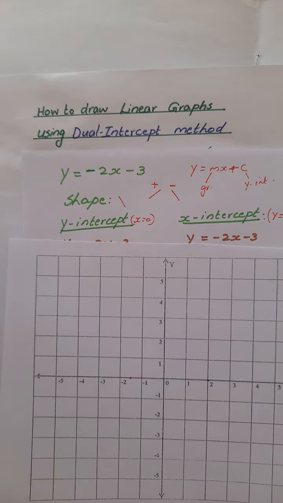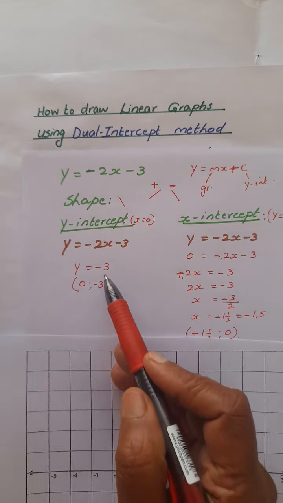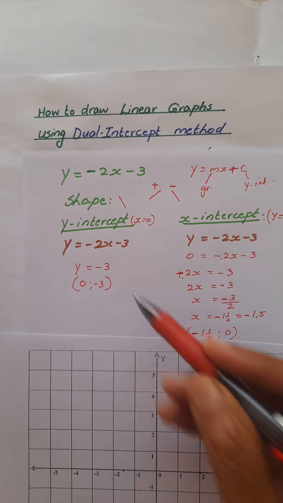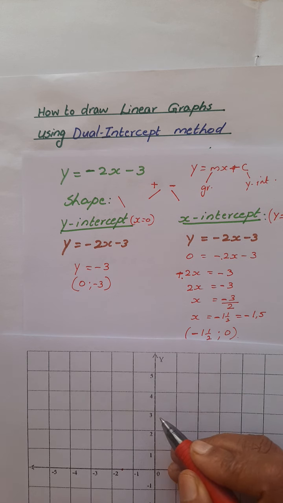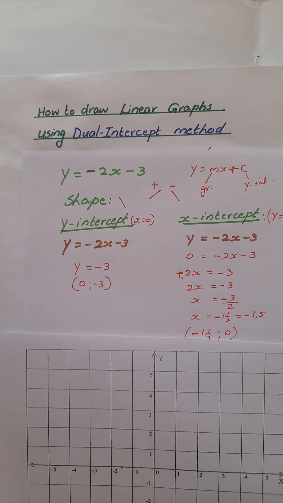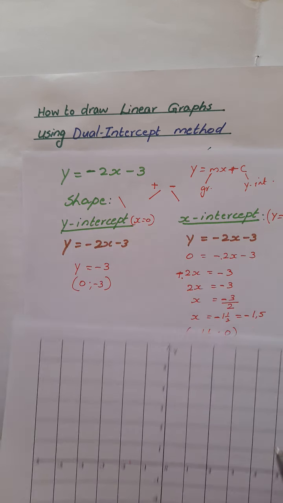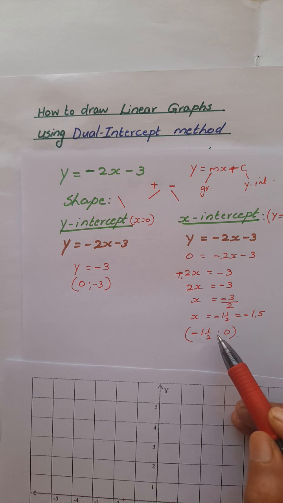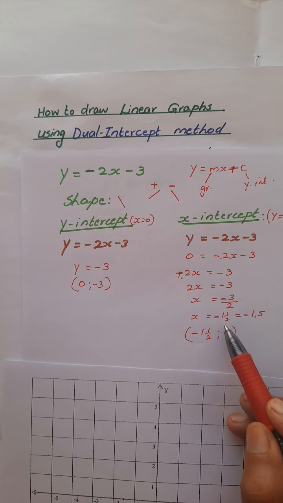Then we can draw that on the Cartesian plane. We have the Cartesian plane already. The y value here is -3. That is the y-intercept, so we mark it on the y-axis. It is here, -3. And then the x value is negative 1.5.